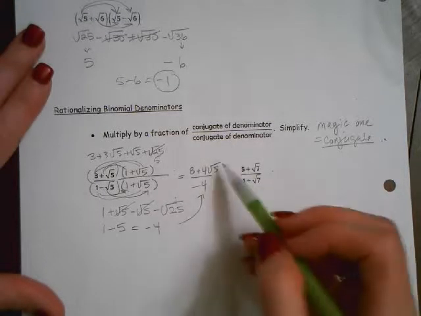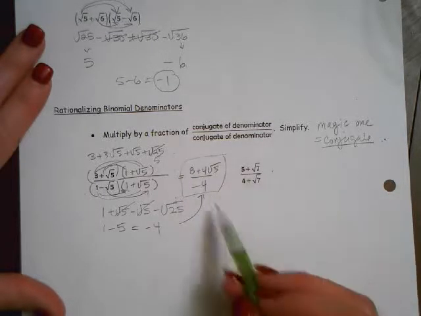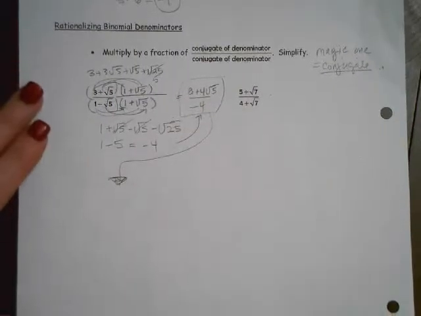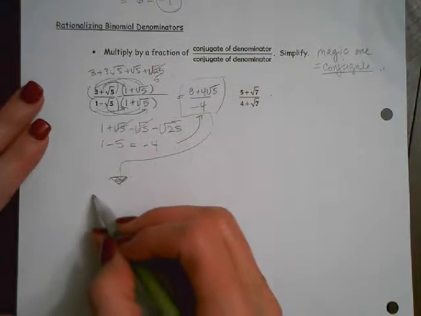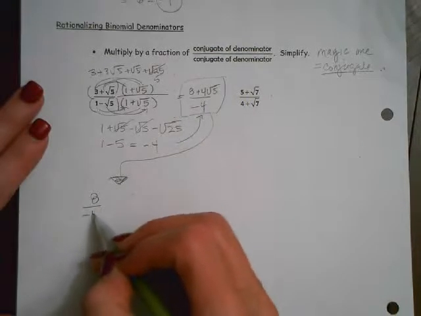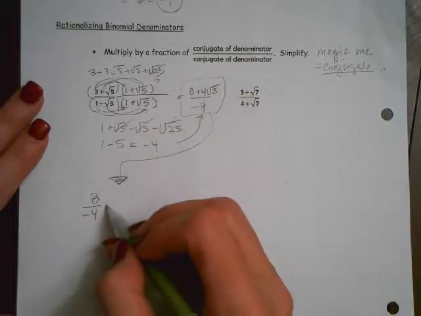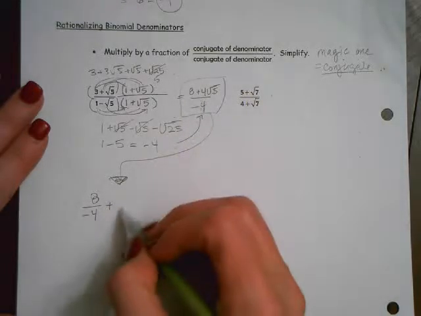Okay? At this part, I'd like to say, yes, that is my final answer, but you want to make sure that you can't reduce it any farther. So what I would do is I would take this and write it over 8 over negative 4, because remember the denominator is over each expression. And I have plus 4 square roots of 5 over negative 4.